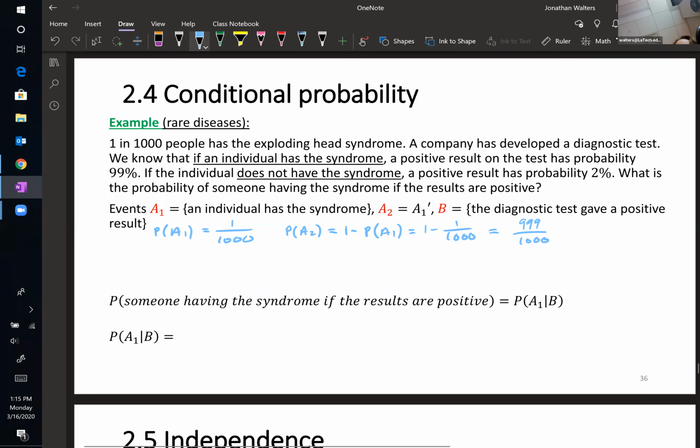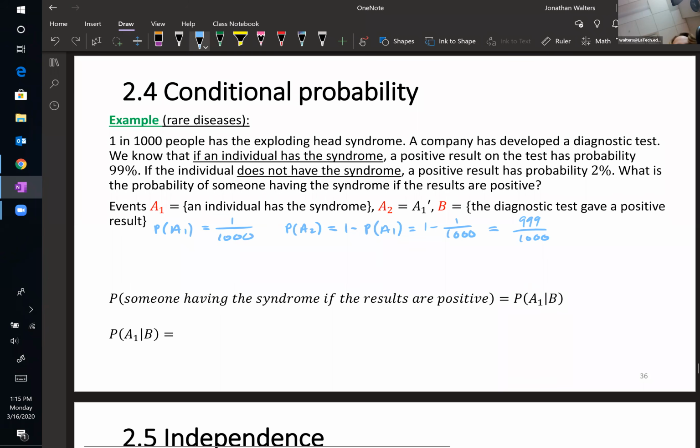The diagnostic test gave a positive result. Let's see. So what do we know? We know that probability of B given A1 is 0.99, or you could say 99 over 100.